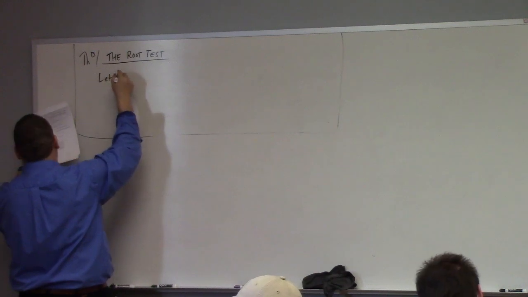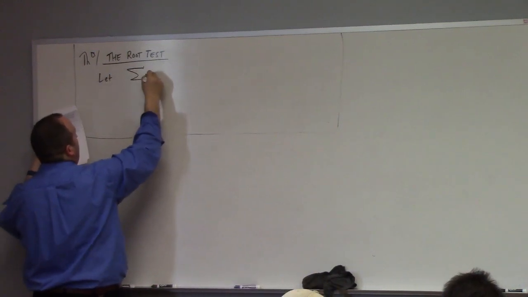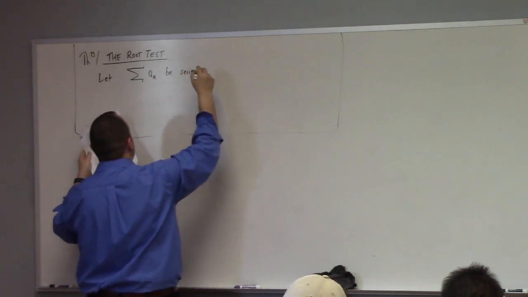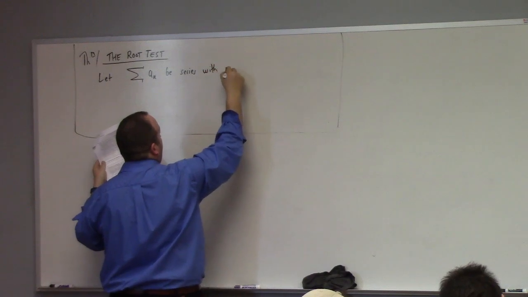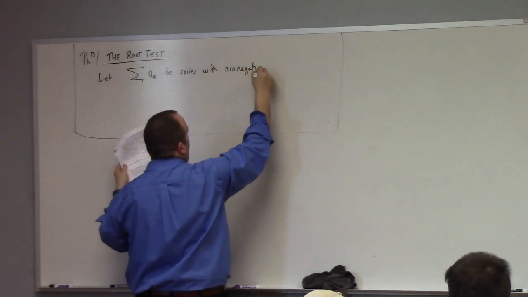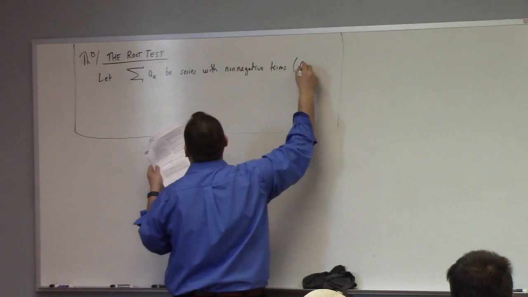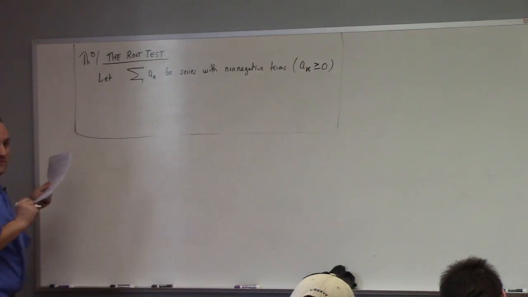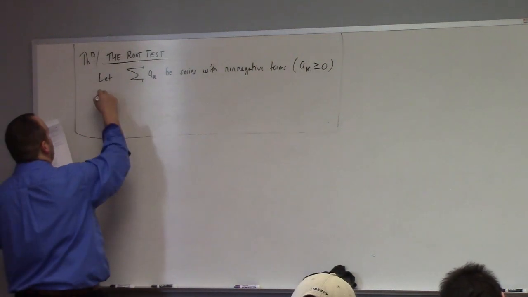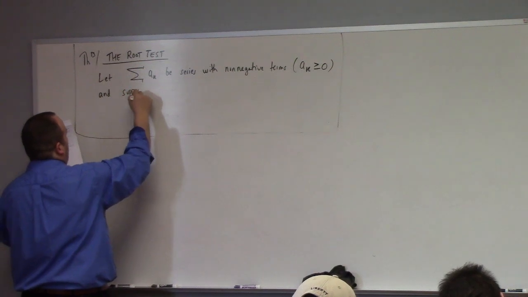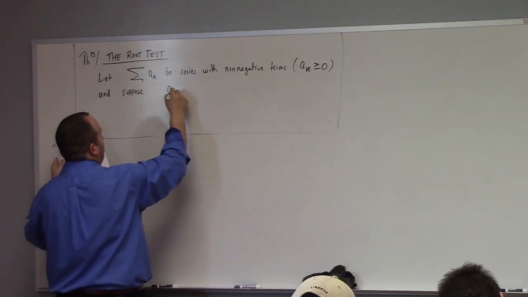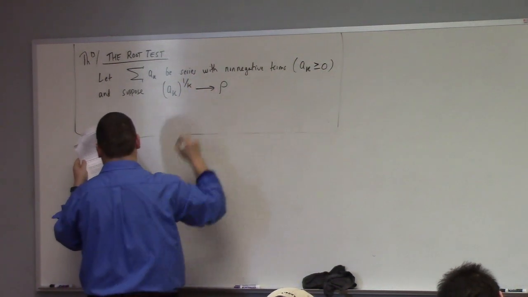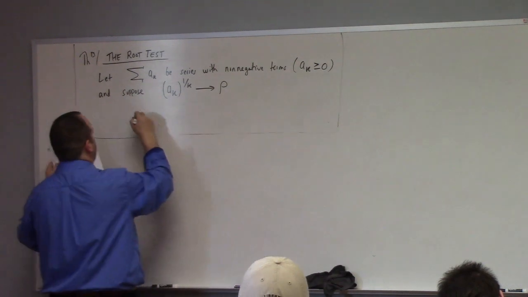Let the sum of a sub k be a series with non-negative terms. What does non-negative mean? That means that a sub k is greater than or equal to 0. It could be 0; non-negative allows for 0. And suppose that a sub k to the 1 over k power goes to rho. Then there are 3 cases.